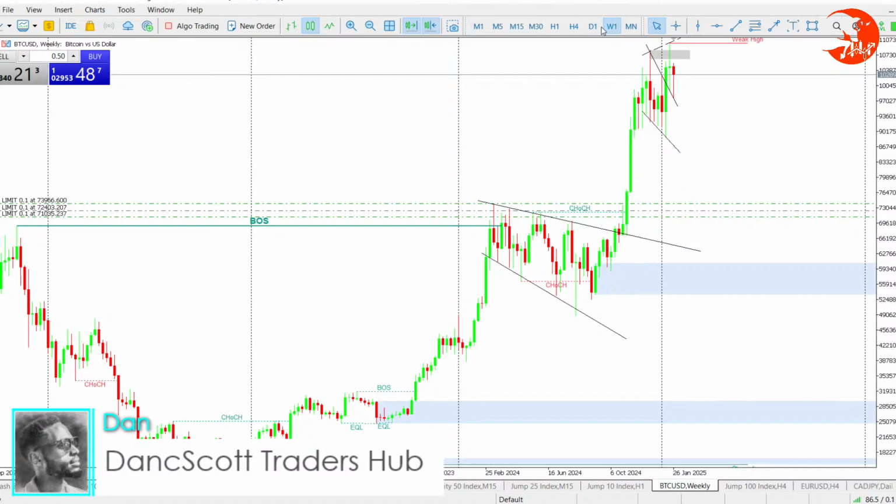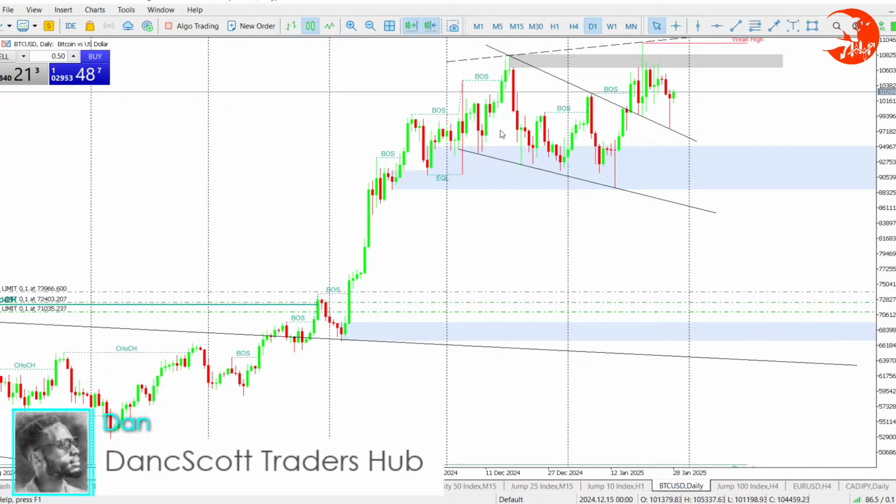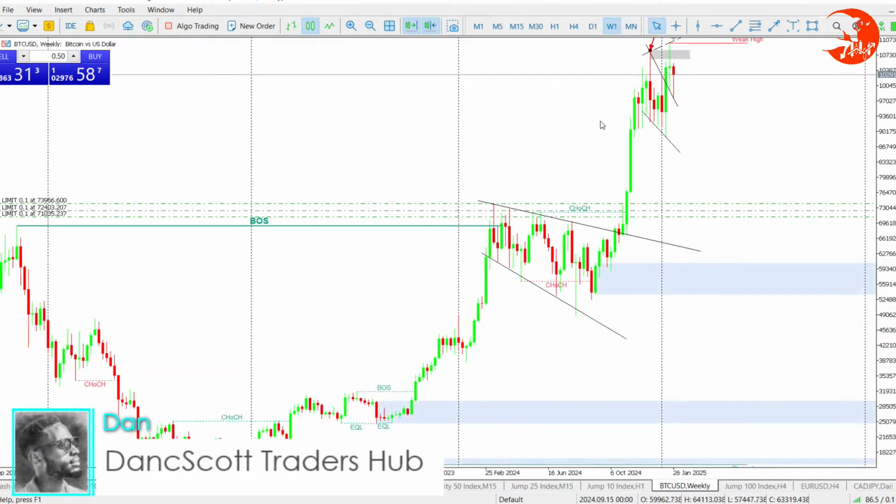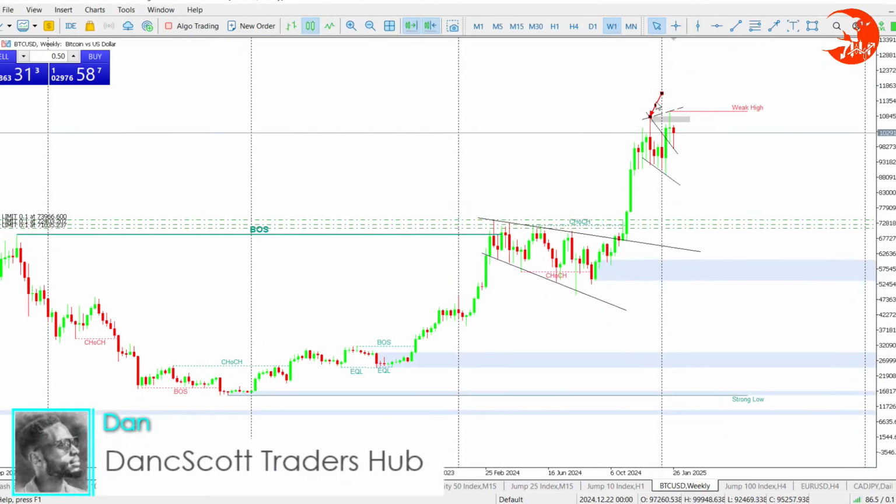So now going to daily, we see a high being created. That is our current high, which is a strong high. The reason being that it gave us a low right here.